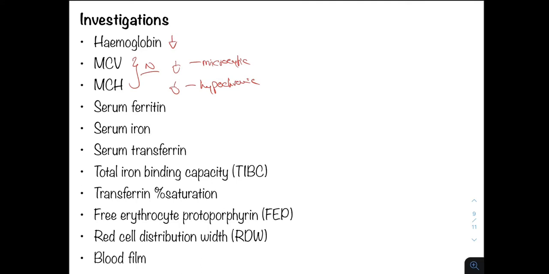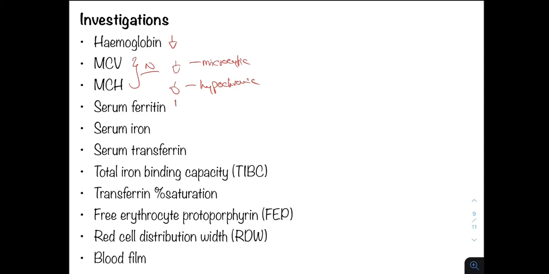And the reason for this, remember we said that the cells undergo an extra division because they are trying to concentrate their iron content. So as a result, we end up with smaller cells. The MCH would be low because we have less iron and thus less hemoglobin inside the cells.